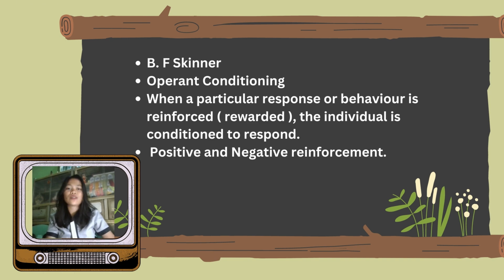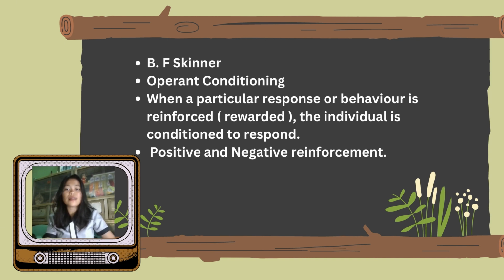There are two main types of reinforcement. The first one is positive reinforcement. This involves giving a reward after a desired behavior. For example, if you give a student praise or a prize for completing their homework, they are more likely to continue doing their homework in the future.